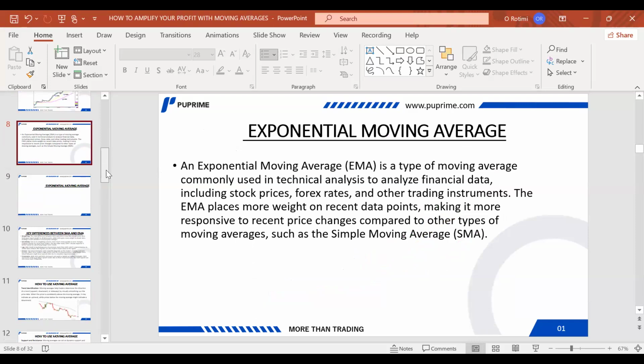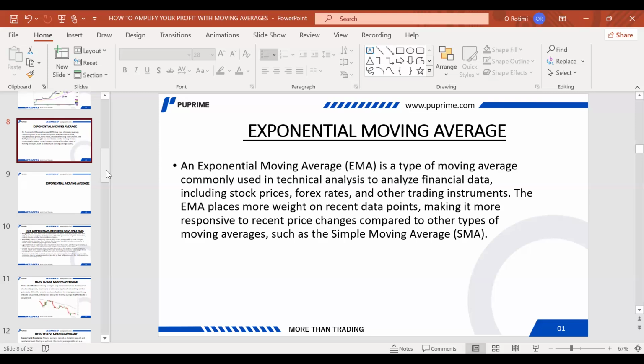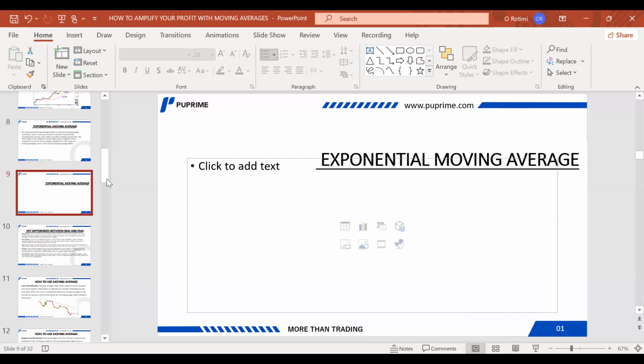The EMA places more weight on recent data points, making it more responsive to recent price changes compared to other types of moving averages, such as the simple moving average. So the exponential moving average deals with more of recent data, unlike the simple moving average. This one deals more with recent data, so it is more smoothed and reacts better to price compared to the simple moving average.